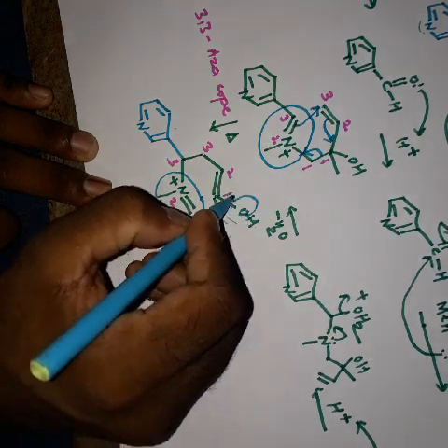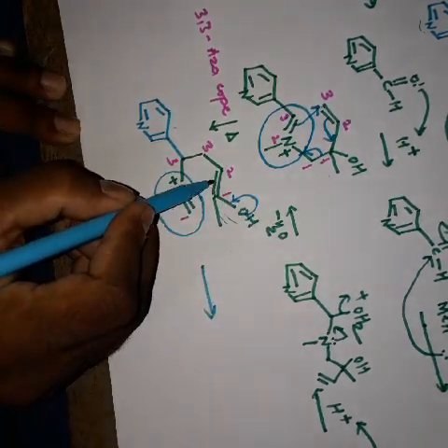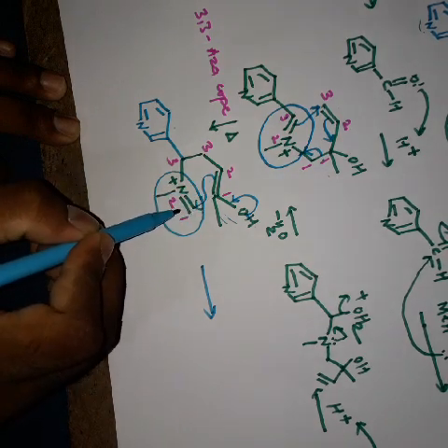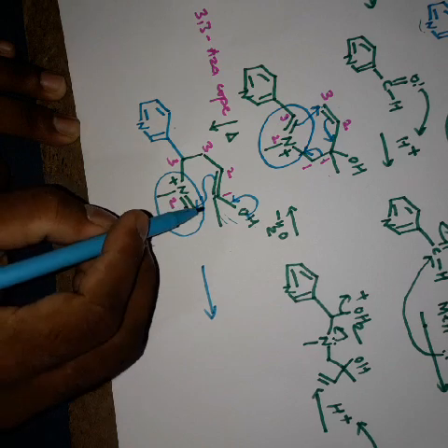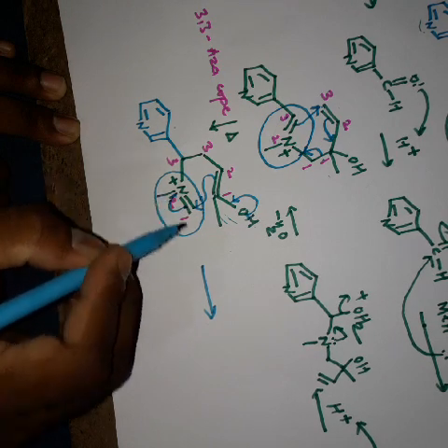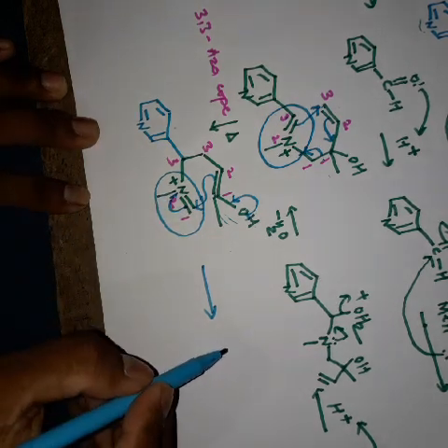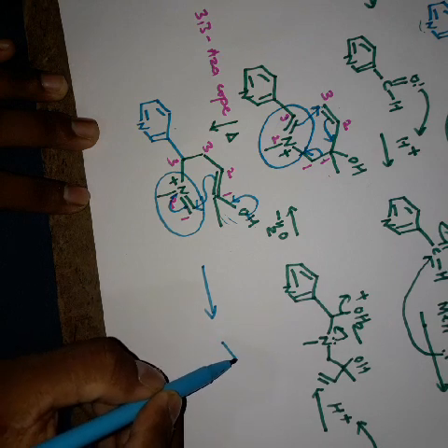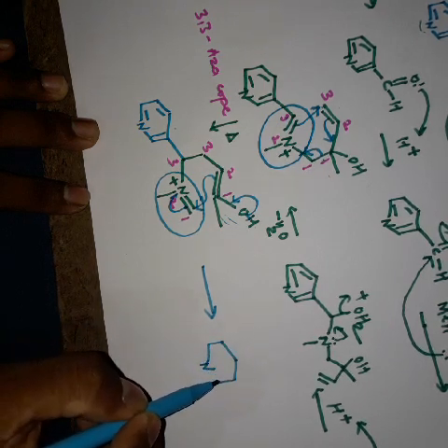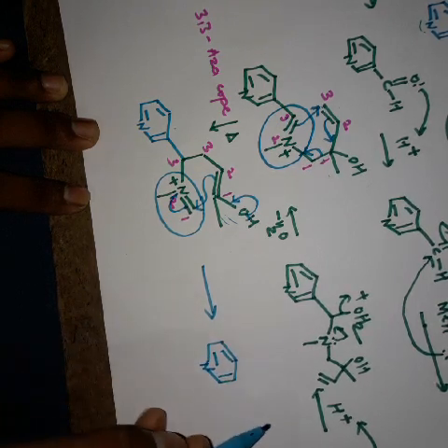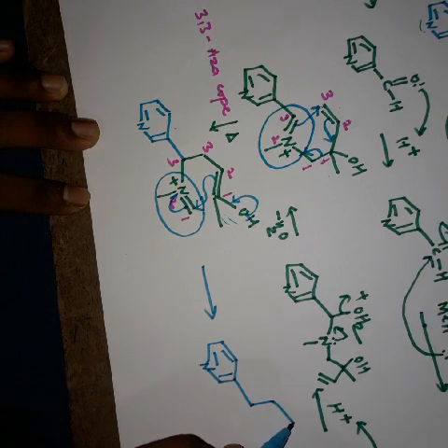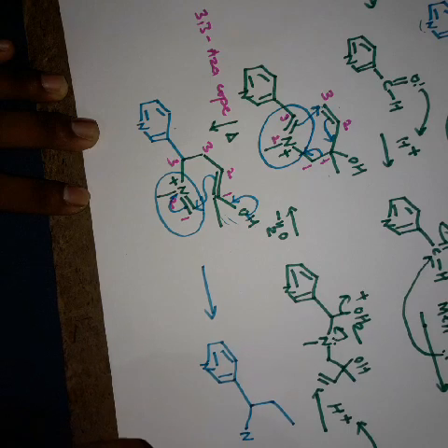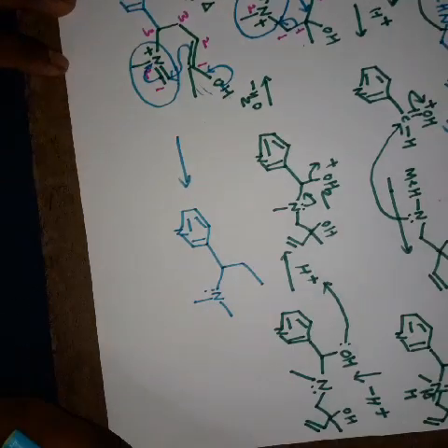This bond will come inside and this double bond will attack at this carbon, and then this double bond will stabilize this positive charge. So that will be like this. The lone pair of nitrogen is recovered.